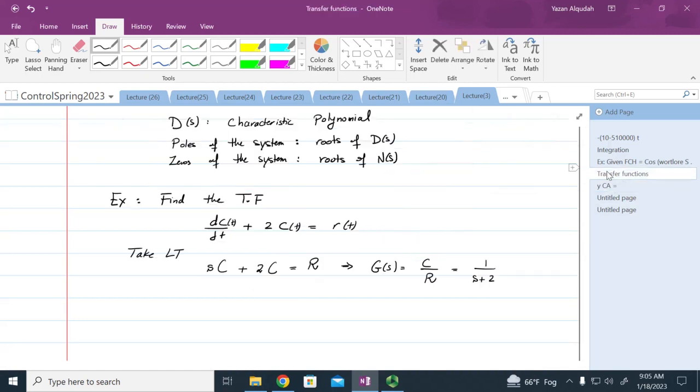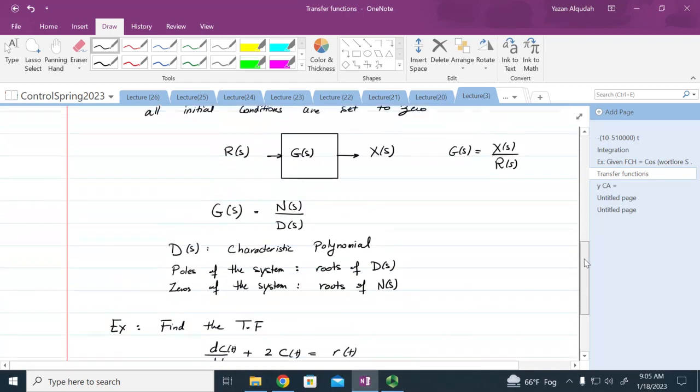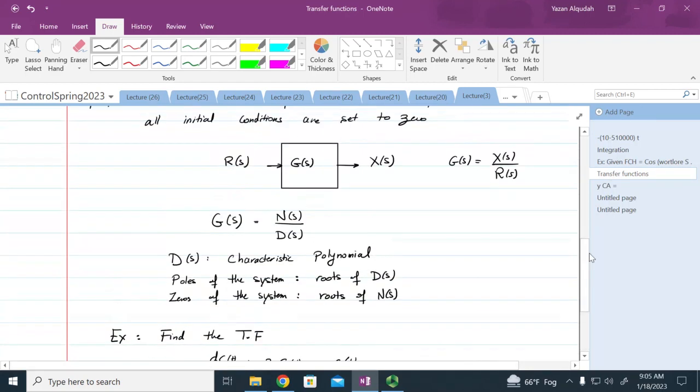When I calculate this g of s and take the inverse Laplace, what is that going to give me? G of t. G of t is the impulse response of that system.